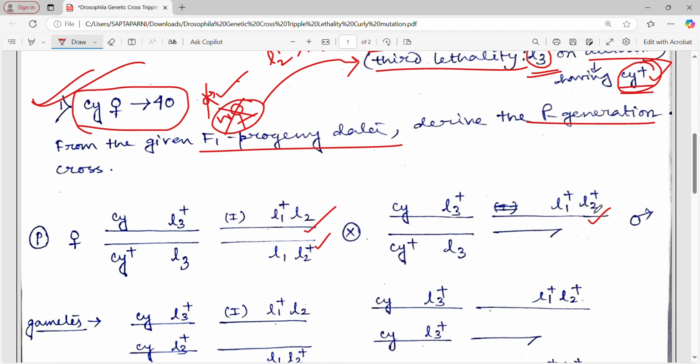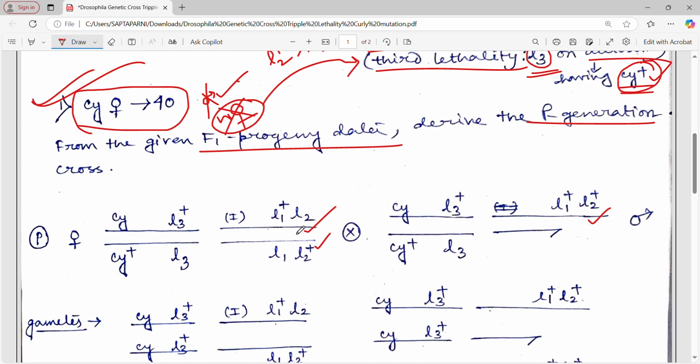If they carried any one allele as a mutant allele, like L1 and L2 plus, or L1 plus L2, or both alleles in mutant form, L1 L2, then they could not survive. So that is why the male has to carry both the lethal alleles in wild type condition. That is how you can introduce 100% male lethality. Why?